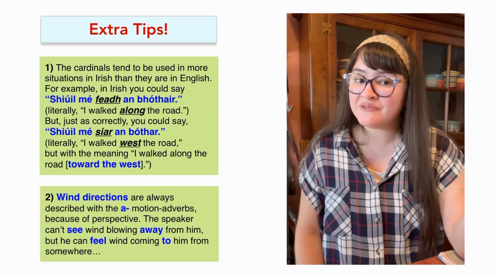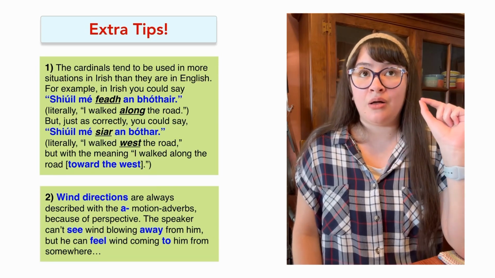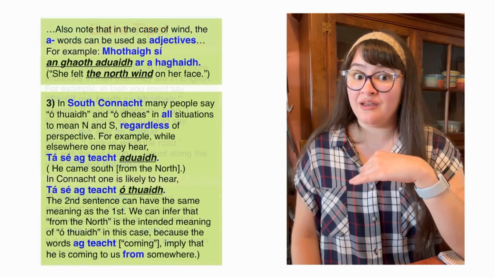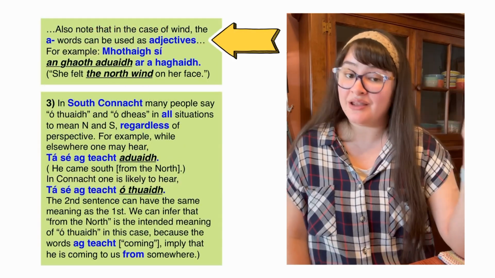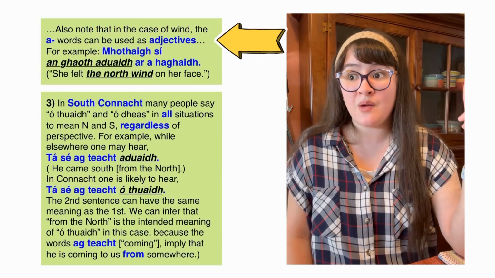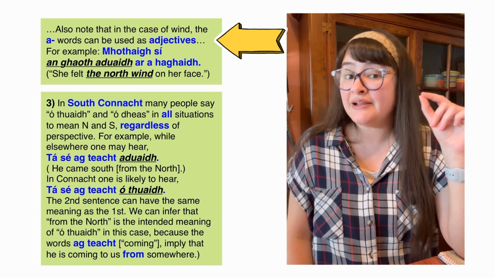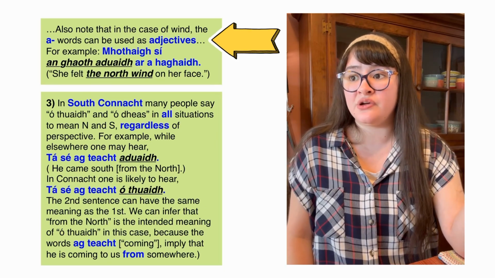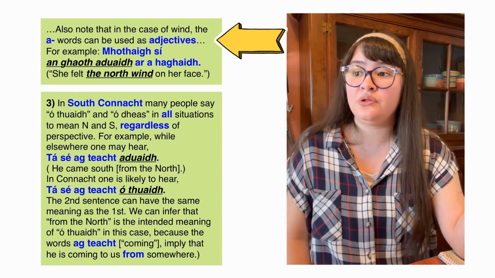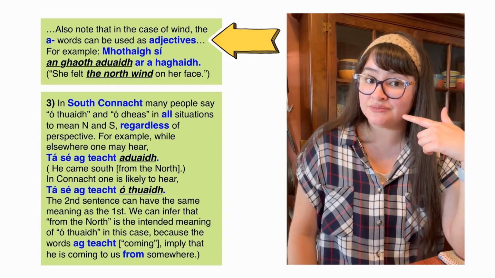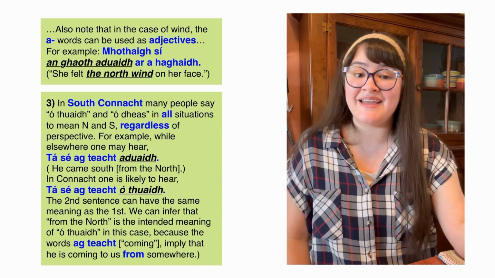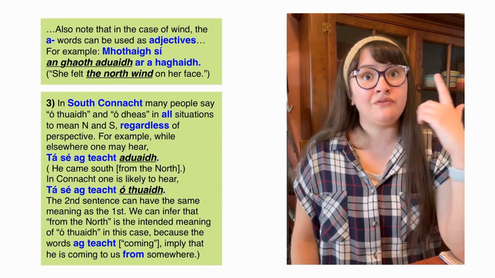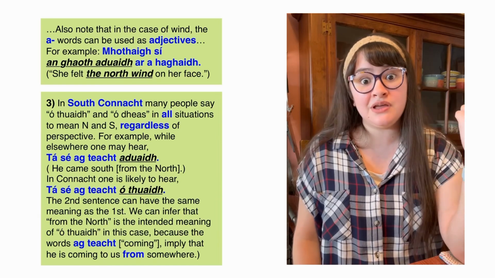So again, because of that, you'll want to pick the motion adverbs starting with A to describe wind. Also note that in the case of wind, those same A words can be used as adjectives too. For example, wahishi ahuia dui urhe. She felt the north wind on her face. In this case, a dui is being used as an adjective to describe the wind that's coming from the north and thwacking her on the face.